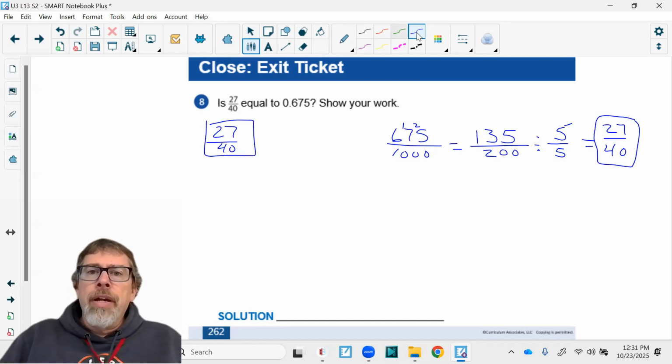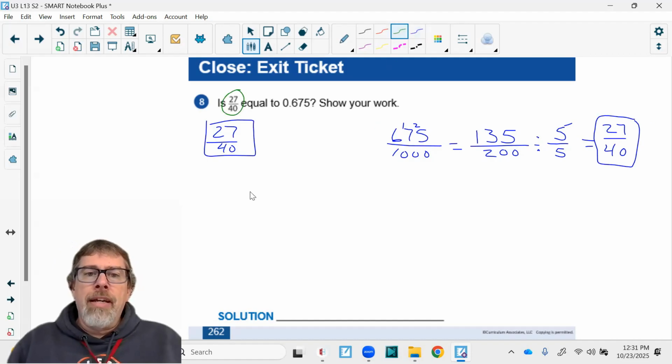Okay, the other way I could have done it is check to see if this is the same decimal as that. So I could say 27 divided by 40. It won't go into 27, so I do this. And 4 will go into 27. 7 times 4 is 28. 6 times 4 is 24.